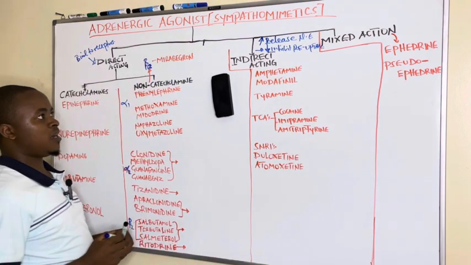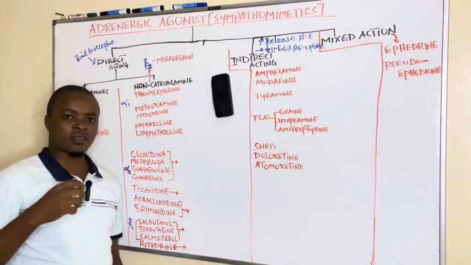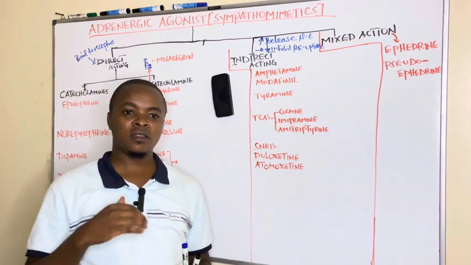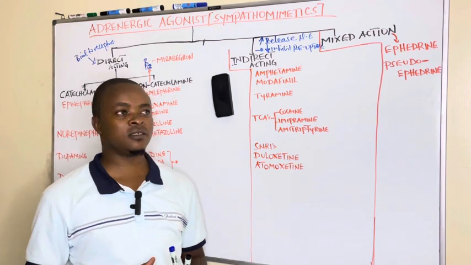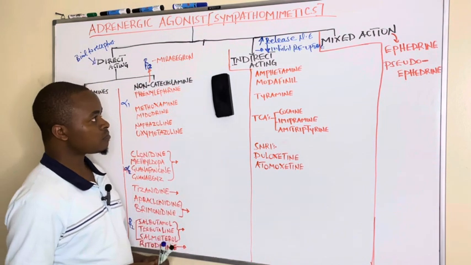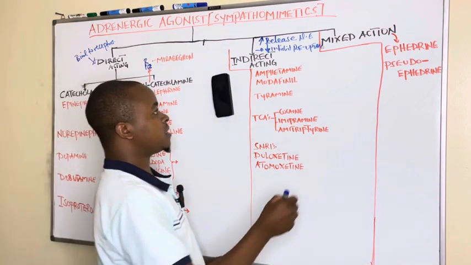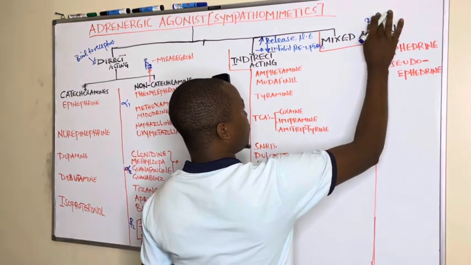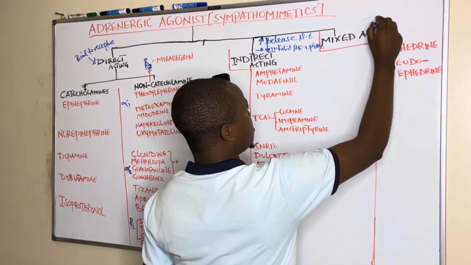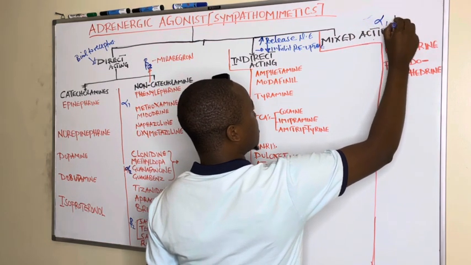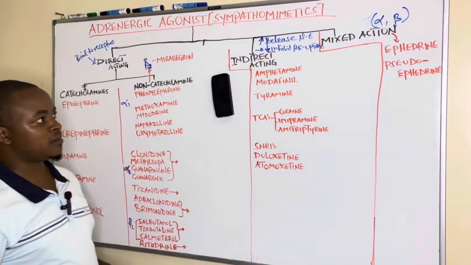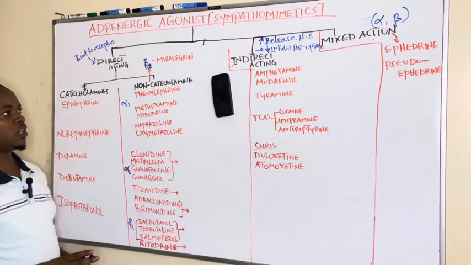So those are the indirect acting: either they enhance the release of norepinephrine, or they inhibit the transporter for the reuptake of norepinephrine. Whereas mixed action, meaning these ones, they act on both alpha and beta receptors, so they don't segregate. So that's what we are calling mixed action.